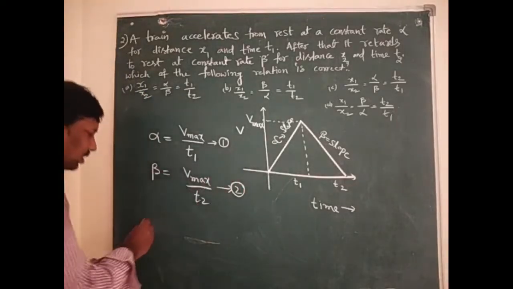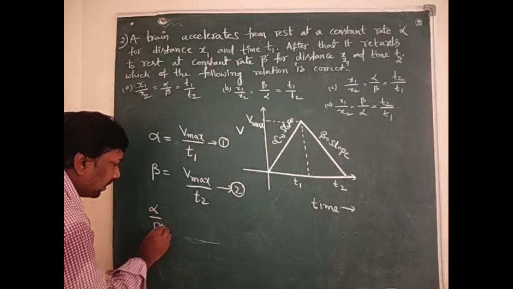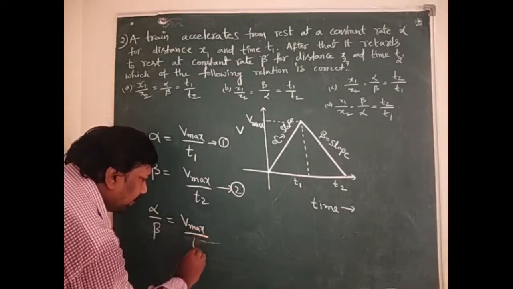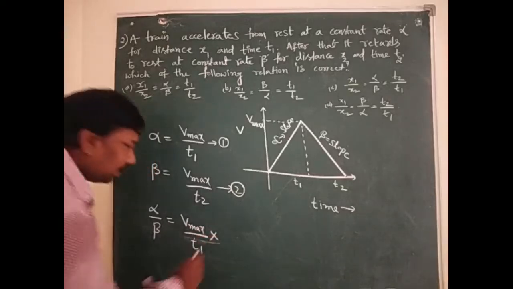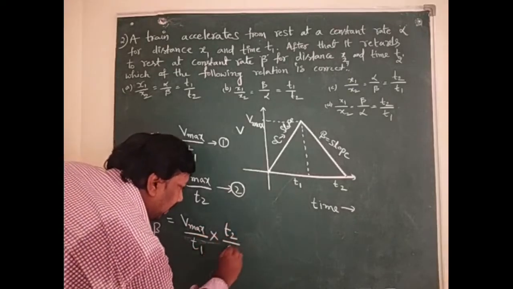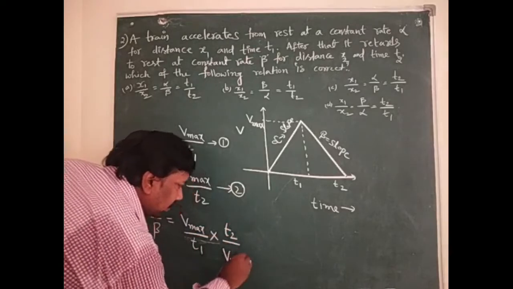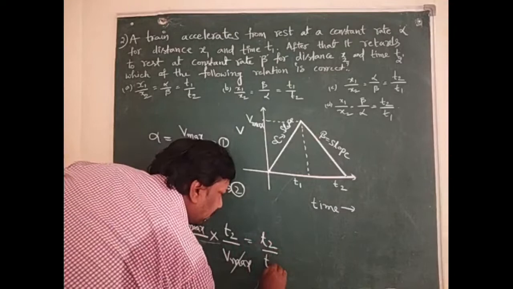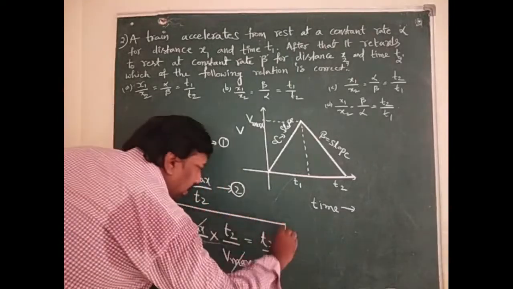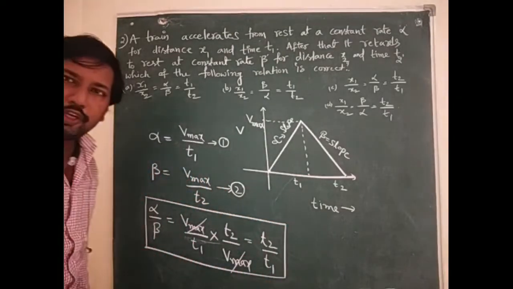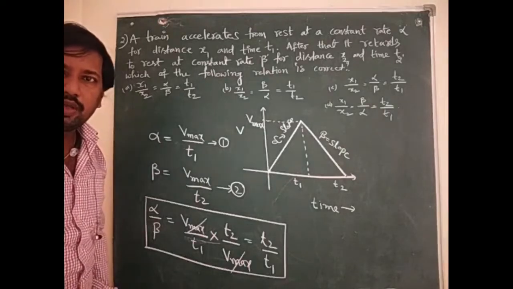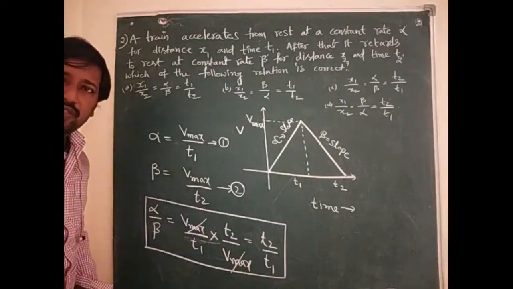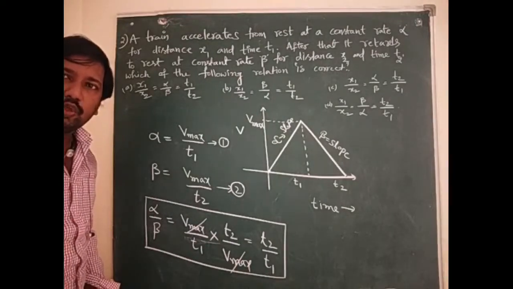So alpha by beta equals V maximum by t1 into t2 by V maximum. V maximum cancels, that is t2 by t1. So alpha by beta equals t2 by t1. Now we can find the displacement covered by the particle in the 2 situations.